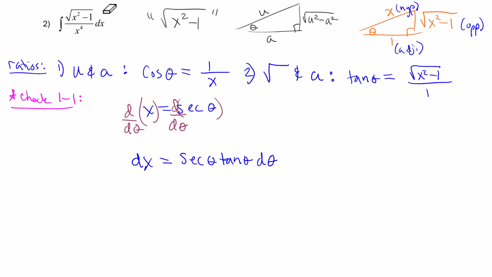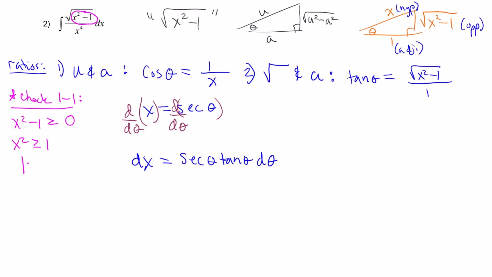Specifically, we need the root that's in our numerator to have something positive or 0 underneath it. That means x squared minus 1, the expression within the square root in the numerator here, has to be greater than or equal to 0, in order for the domain of that original function to remain intact. Well, if I add 1 to both sides, this means x squared has to be greater than or equal to 1.